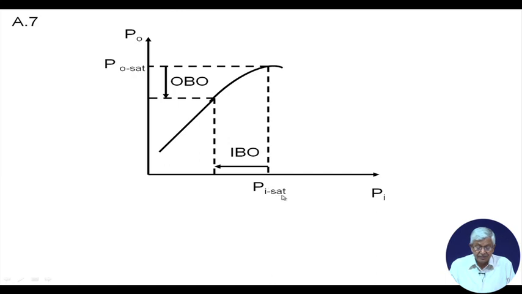Sat is not satellite, it is saturation, and so corresponding P out saturation we get a point, but this is nonlinear region. So, we have to give a back off at the input. So, depending on the characteristics of the satellite, there will be a output also will come down from saturation. So, if you can find out this operating point, we know what is the EIRP, actual EIRP from the satellite.